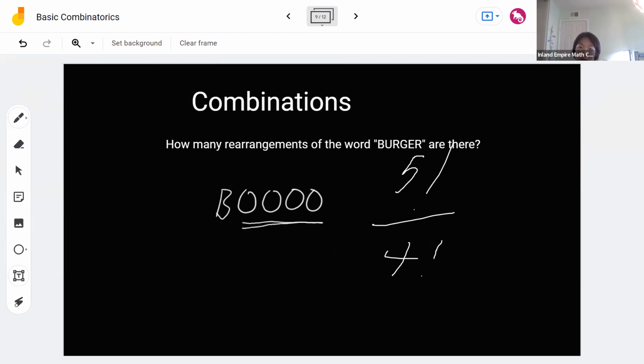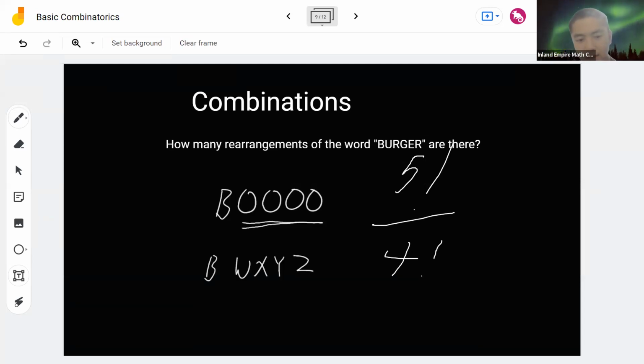So when we do 5 factorial here, it's the equivalent of saying B 1, 2, 3, 4. Or since we're sticking with the letters here, it's equivalent of saying B, W, X, Y, Z. Right. So 5 factorial treats them like they're all different. But remember, no matter how we do this, this W, X, Y, and Z are all O's.